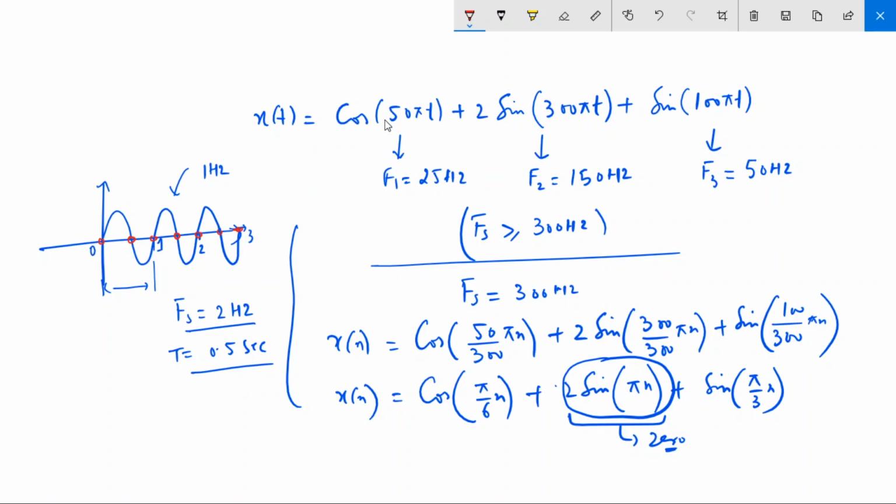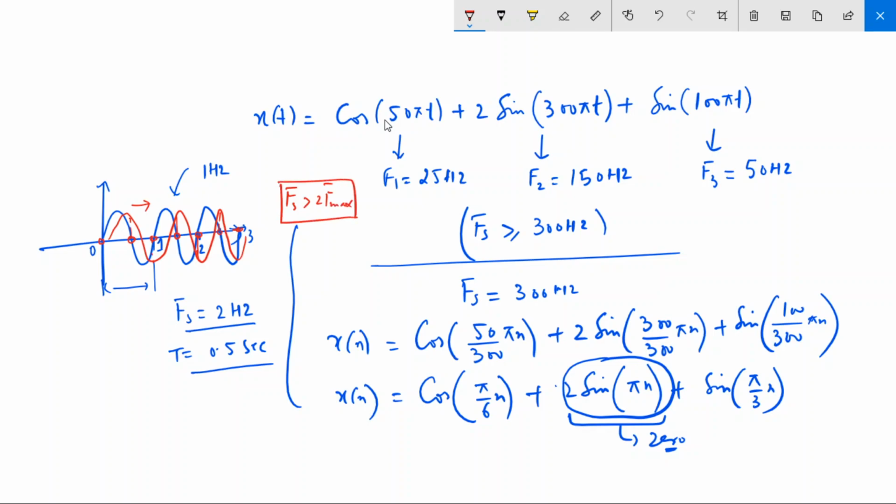So there is a troublesome problem sometimes when you choose the sampling rate equal to the Nyquist rate. You can avoid this situation if you shift the signal in phase. In place of this, if I shift it by some phase, I may get a signal like this, and then I sample it. Now I will get non-zero samples at these points. So the simple solution to avoid this problem is to choose a sampling rate greater than twice the maximum frequency.